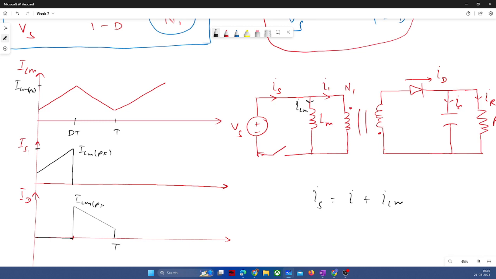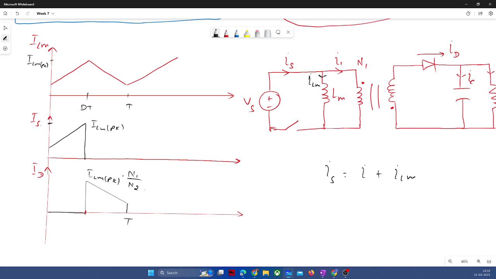Here again ILM into N1 by... Okay, so the plot of diode and switch or rather source. It is N2 by N1, sir. Why are you saying okay, right, you are correct.